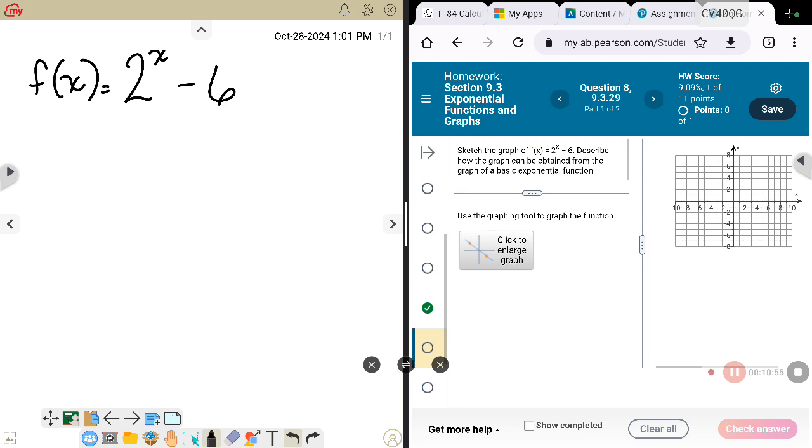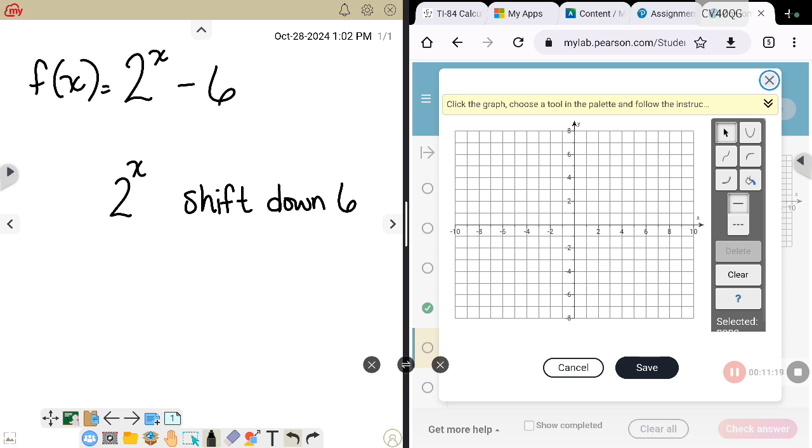What that means is that it's an outside number, so it shifts vertically with the sign. So I am starting off with the graph of 2 to the x power, and I'm going to shift it down 6.